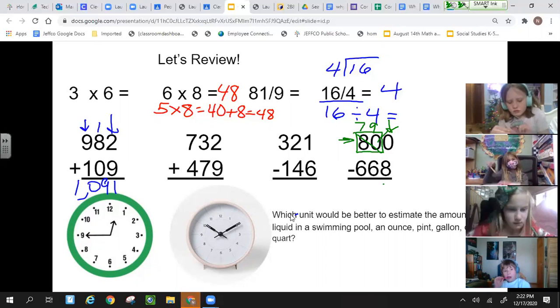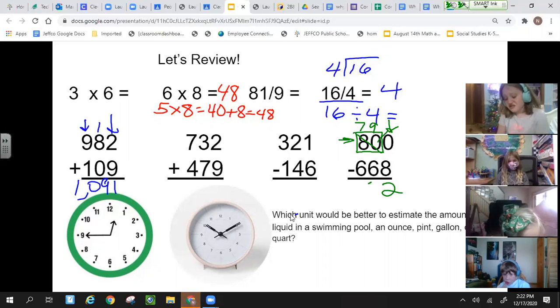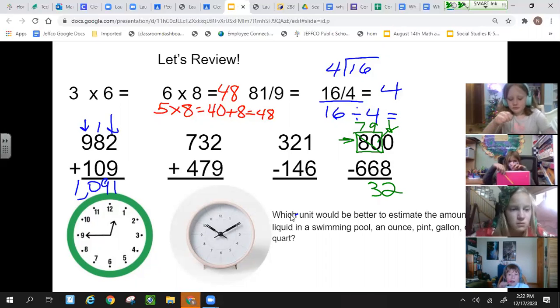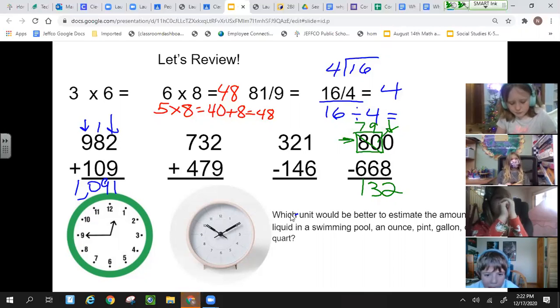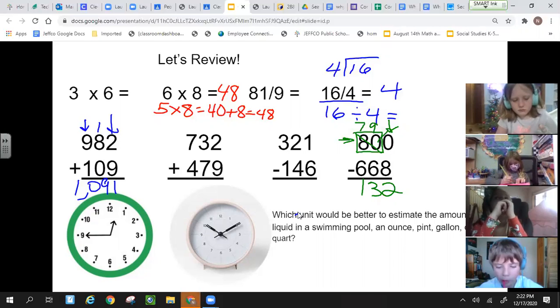It would be 2. And then 9 minus 6 would be 3. And then 7 minus 6 would be 1. And how would you read that? 132. Excellent.